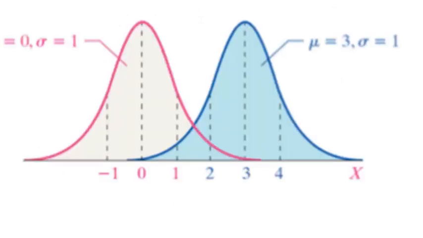Sorry, I got a little blurry when I blew it up to fill up the screen here. But this first one, the pink graph, the mean here is equal to 0. And of the blue graph, the mean is equal to 3. They both have the same standard deviation, so they have the same width as each other, they have the same height as each other. So what the mean does is slide it along the x-axis.